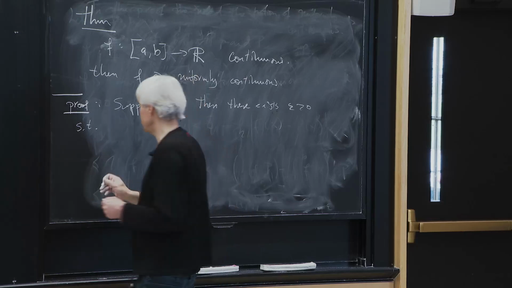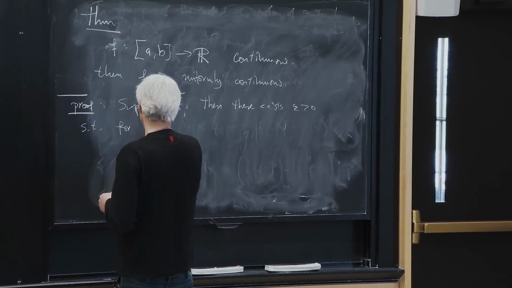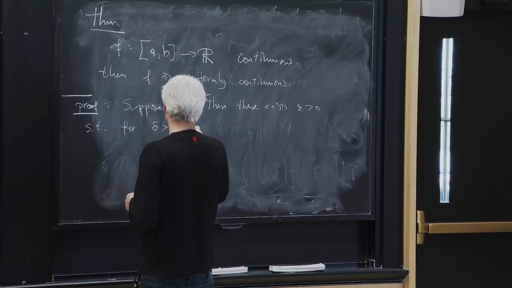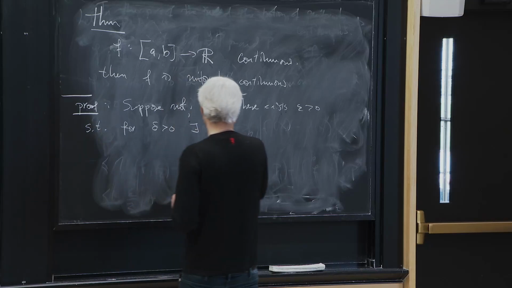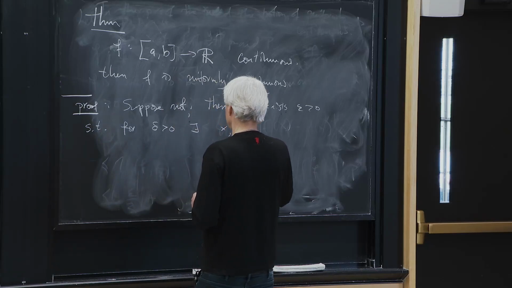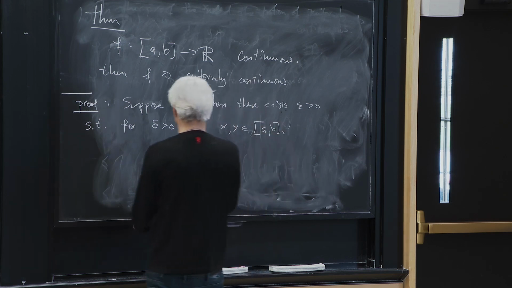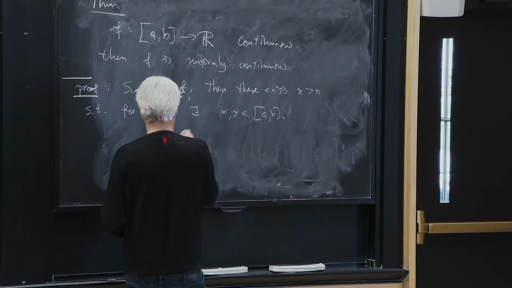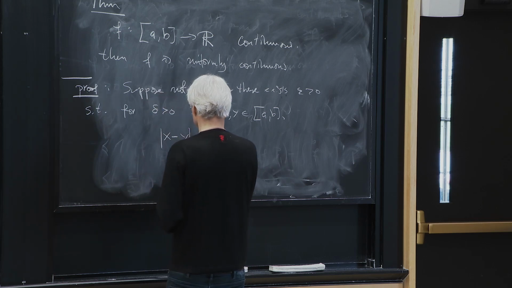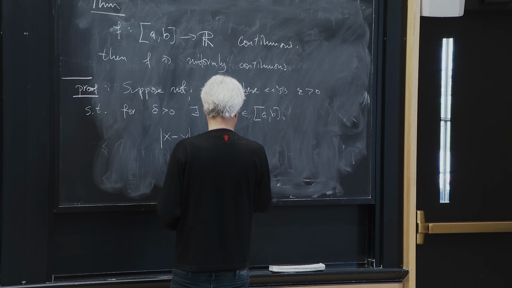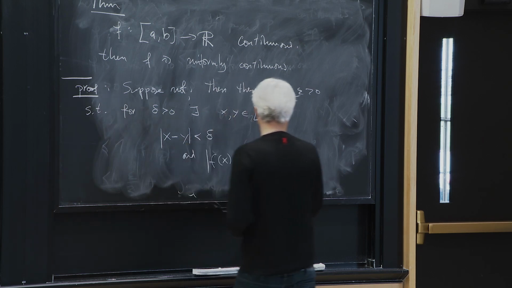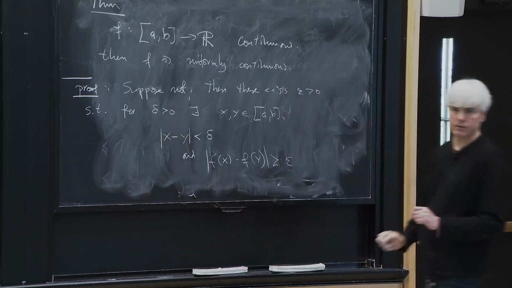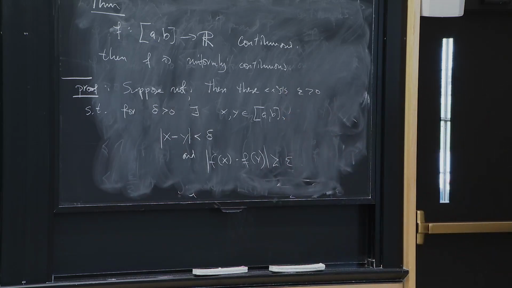Such that for all delta greater than 0, there exists x, y so that the difference between these two is less than delta, and the images differ by bigger or equal to epsilon. That's just the negation of the statement.